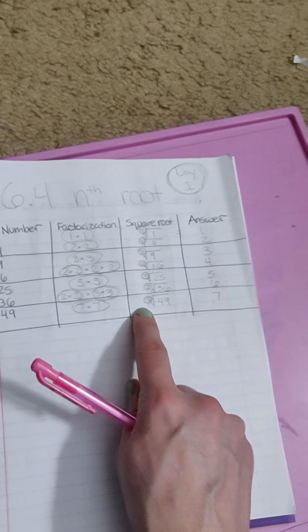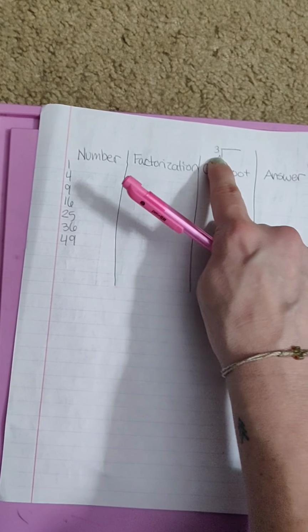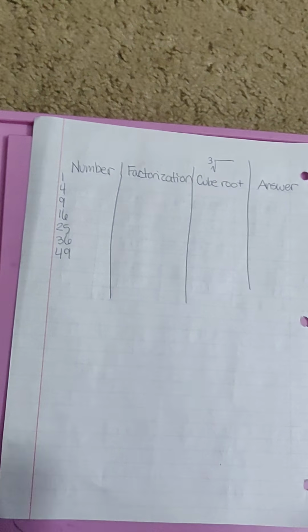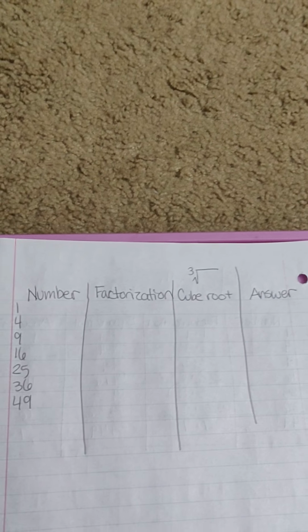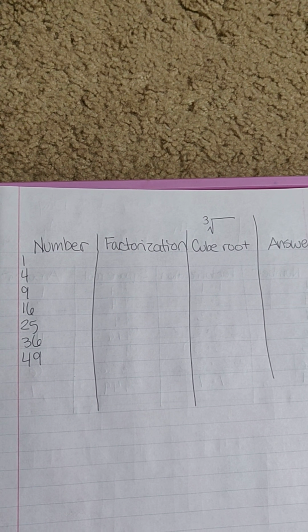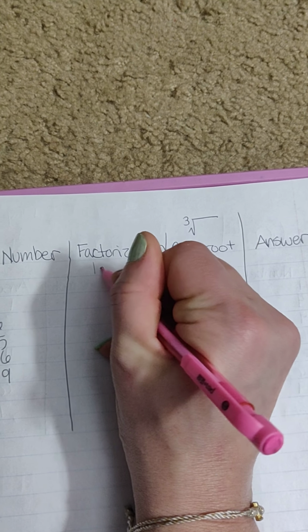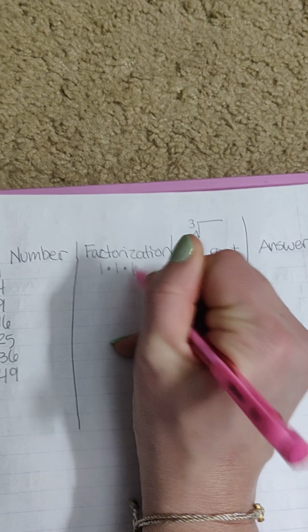All right, so I'm going to turn the page. Oh, hey, look, cubed roots. Just like I said, that number's going to change. It just changed to a 3. All right, so for our factorization here, I'm going to put 1 times 1 times 1.